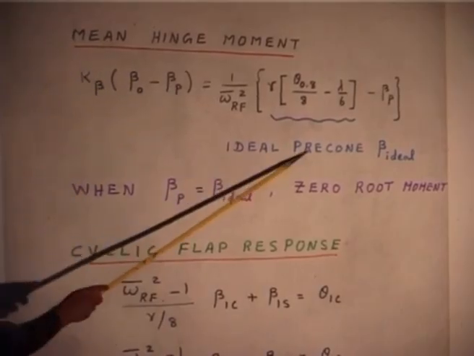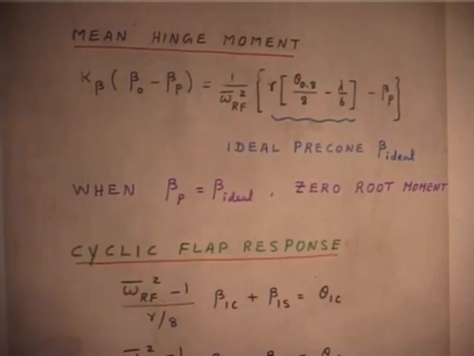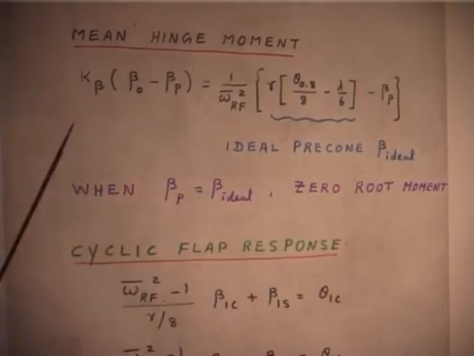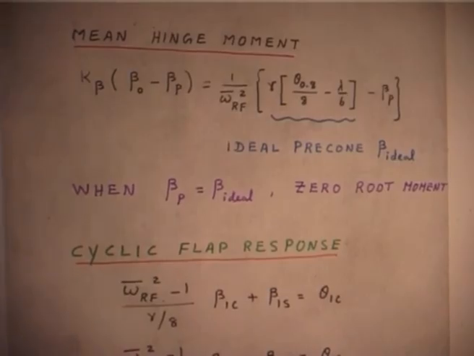This is the ideal precone. If the precone value is this, it is ideal precone, then you already kept it at that, then there will not be any root moment, because root moment will be 0 value.